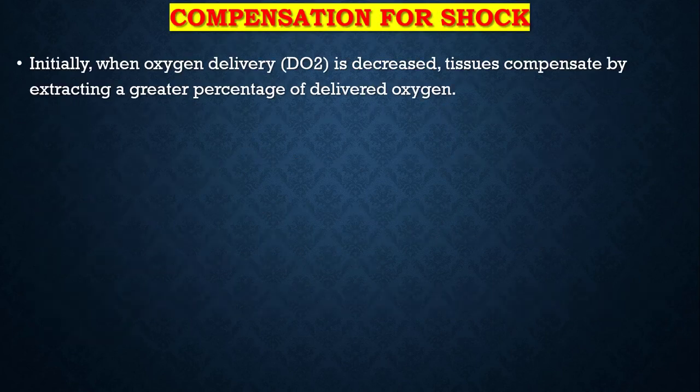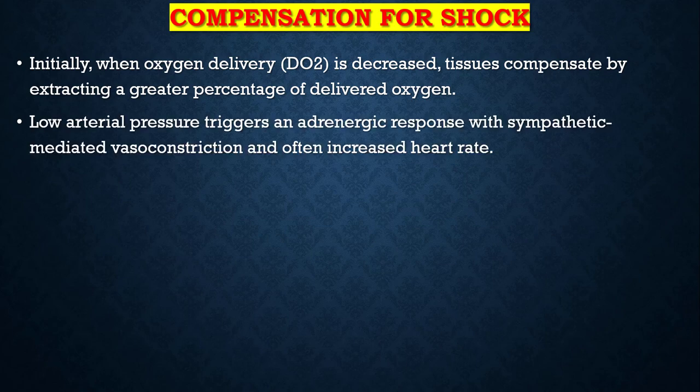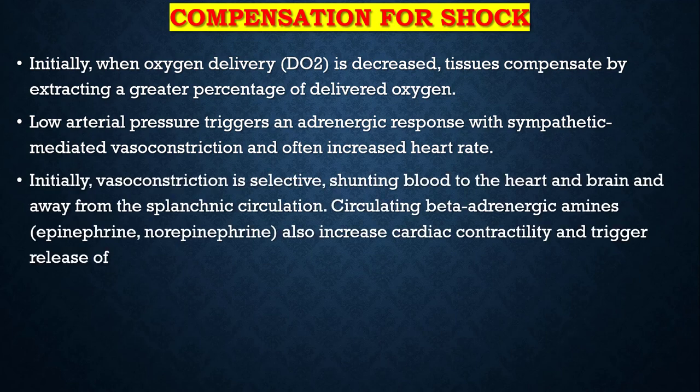Compensation for shock. Initially, when oxygen delivery is decreased, tissues compensate by extracting a greater percentage of delivered oxygen. Low arterial pressure triggers an adrenergic response with sympathetic-mediated vasoconstriction and often increased heart rate. Initially, vasoconstriction is selective, shunting blood to the heart and brain and away from the splanchnic circulation.